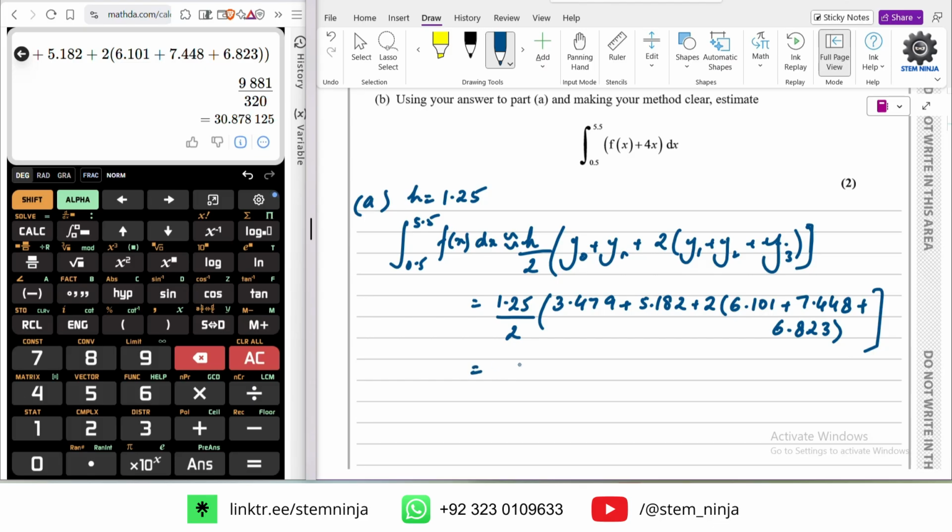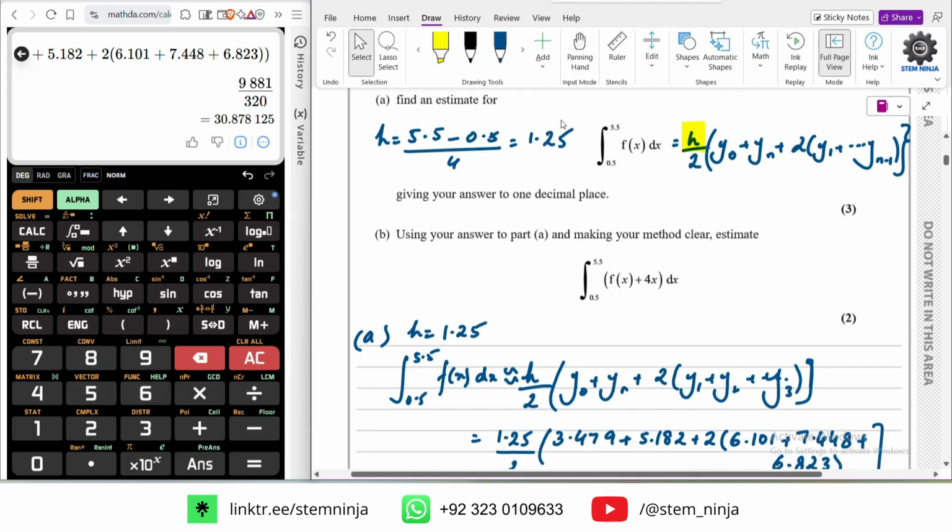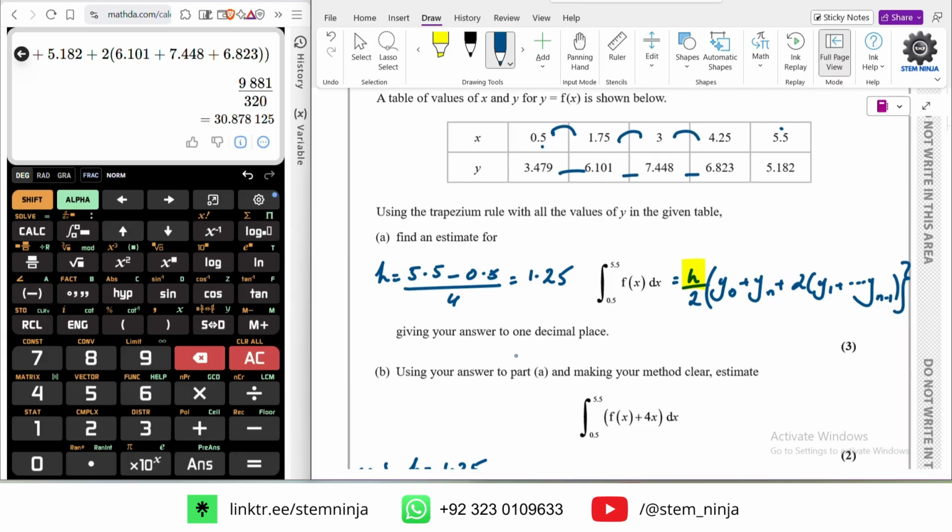Right, and this is coming out to be 30.878125, or the value is 9881 over 320. So we can rewrite it as 30.9, because we were supposed to give the answer to 1 decimal place.